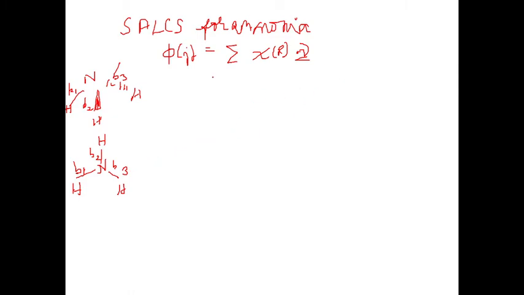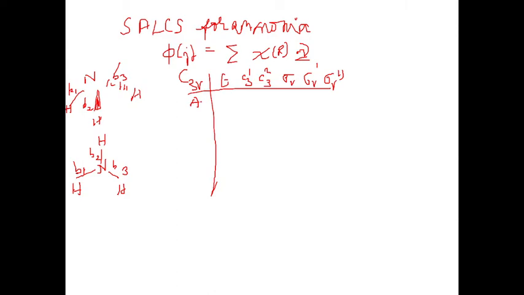So by using this, we are now going to have the character table and we are going to perform the operations. Here we are not going to write it as 2C3, instead we are going to write it as C31, C32, and we are not going to write it as 3 sigma V, instead we are going to write it as sigma V, sigma V prime and sigma V double prime.